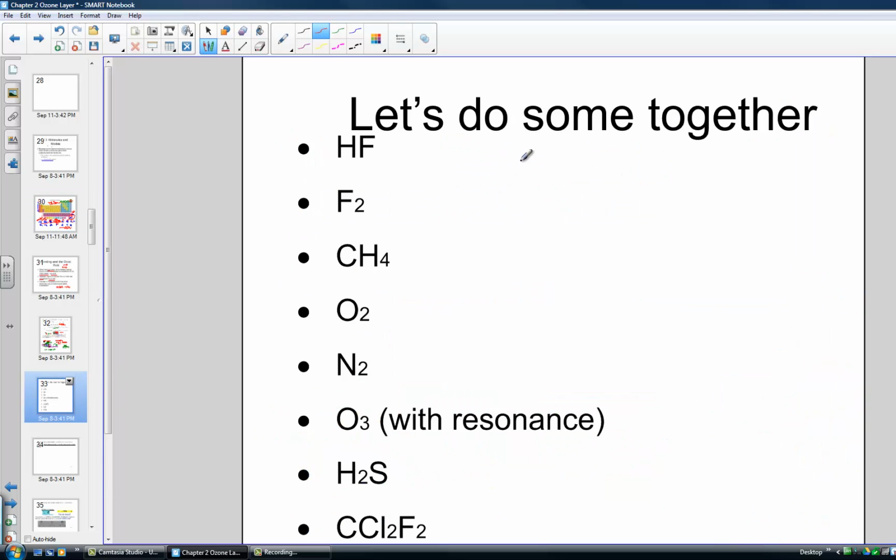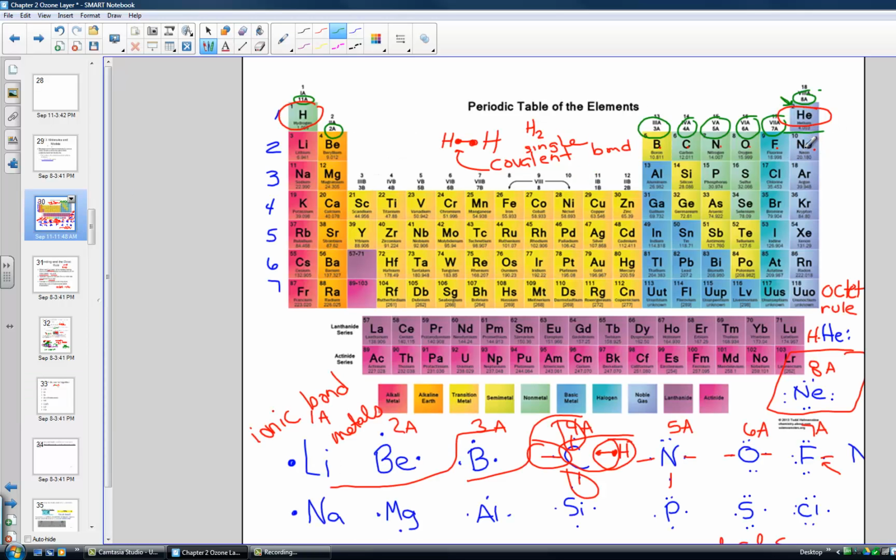So I'm going to put 1, 2, 3, 4, 1 around each side first, and then assign partners 5, 6, 7, creating this single covalent bond. Hydrogen has achieved a noble gas configuration like helium. Fluorine has achieved a noble gas configuration, which is right next door, neon.